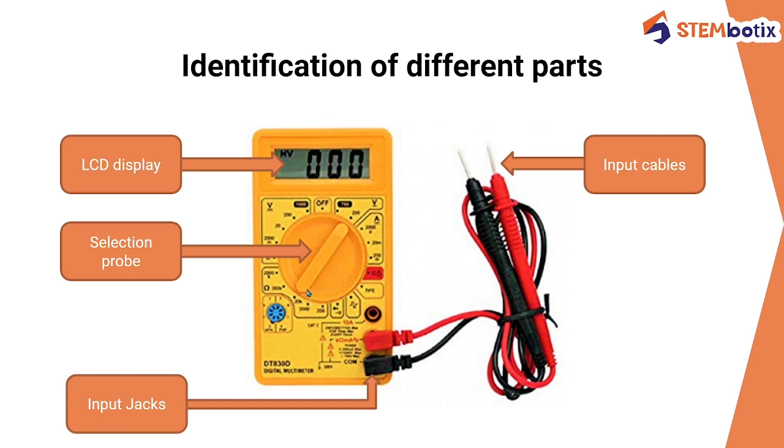You can move it in anti-clockwise and clockwise. And here in the bottom part, these are the input jacks. One is for voltage, current and resistance, and the other is the common terminal. Here your input cables are connected and the other end will connect to the socket, whichever quantity you are going to measure.